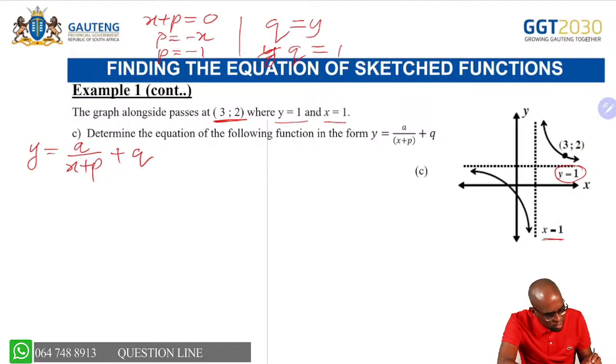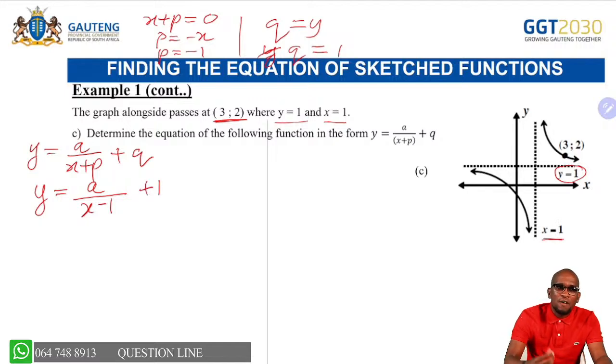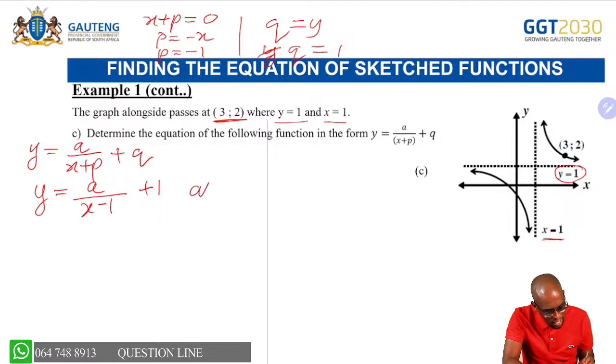So that's the first thing that I'm going to do. I'll substitute the value of p and the value of q. So y would be equal to a divided by (x − 1) plus 1. I've substituted the horizontal and vertical asymptote, but I need the additional point (3, 2), where x is 3, y is 2.